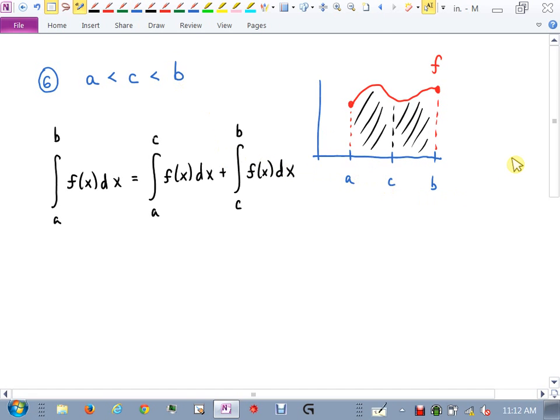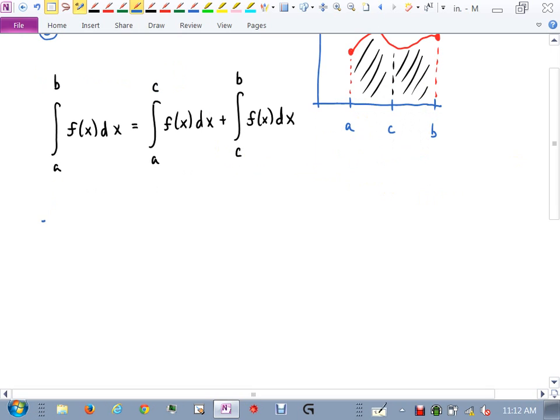The next one says that if your function is greater than or equal to 0 on the interval AB. So what does that mean? If I draw the function, it has to be positive or 0 on some interval.